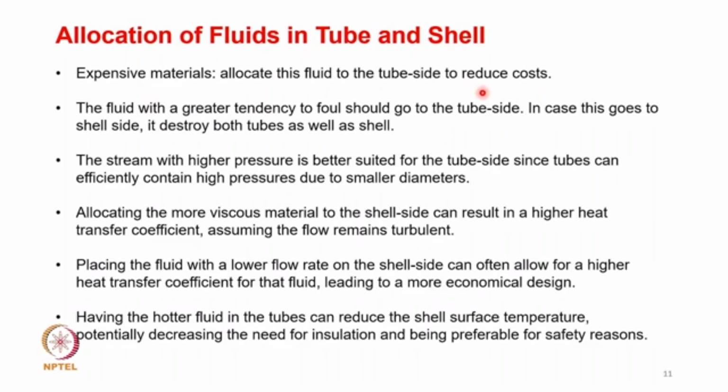This is to reduce cost and minimize the loss. When it passes through the tube there are minimal obstructions, so you would be able to save cost due to less wastage.